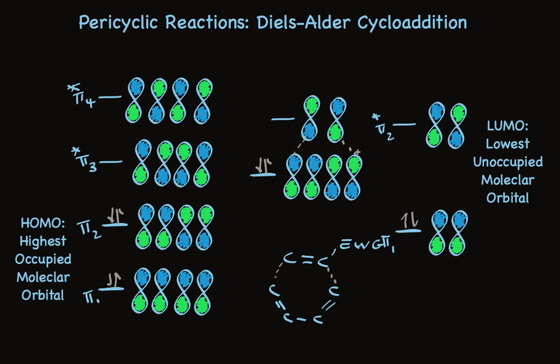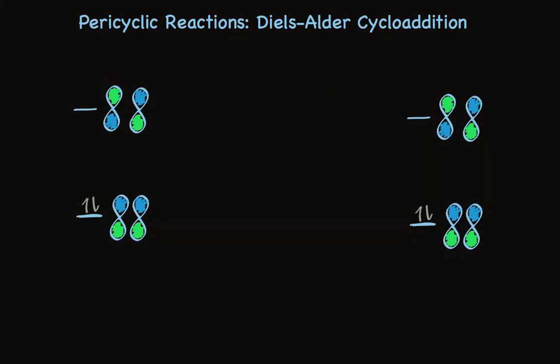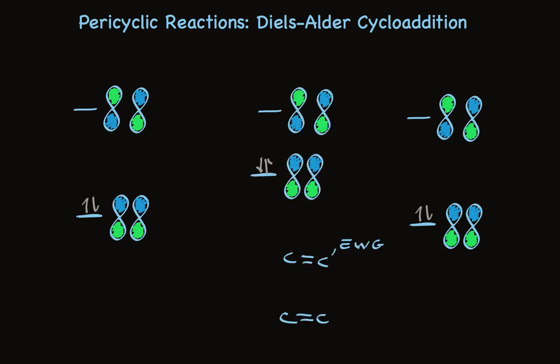It occurs relatively readily. On the other hand, take a look at the same analysis for the 2+2 cycloaddition. Now we're talking about an alkene reacting with an alkene. So we have 2 MOs for one of the partners and 2 MOs for the other partner. In each case, there's a highest occupied molecular orbital, we'll look at the partner on the left, and a lowest unoccupied molecular orbital, look at the partner on the right.